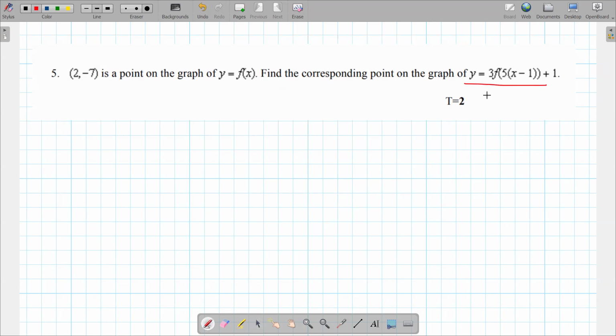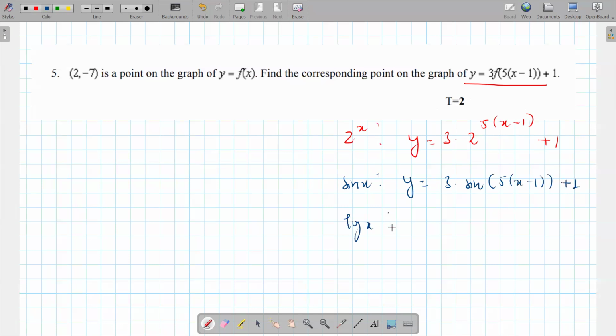We don't know what the parent function is, but if the parent function was 2 to the power x, your function would be 3 times 2 to the power 5x minus 1, plus 1. If your function was sine of x, it would be y equals 3 times sine of 5x minus 1, plus 1. You see that?